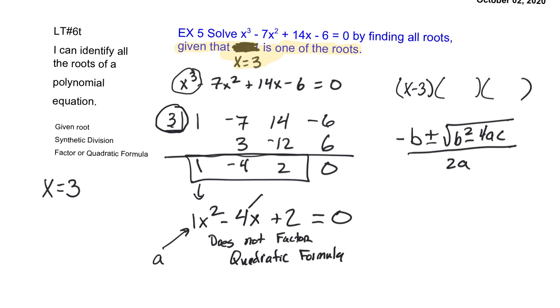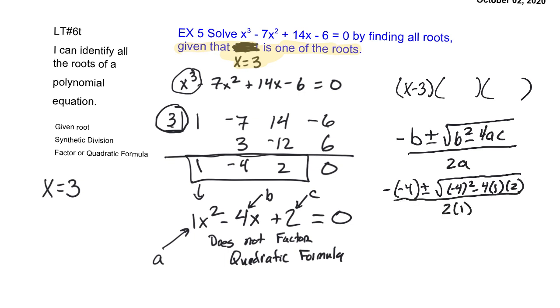Our a is 1, our b is negative 4, and our c is 2. So I'm going to plug those in. The opposite of negative 4 plus or minus the square root of negative 4 squared minus 4 times a times c all over 2 times a.